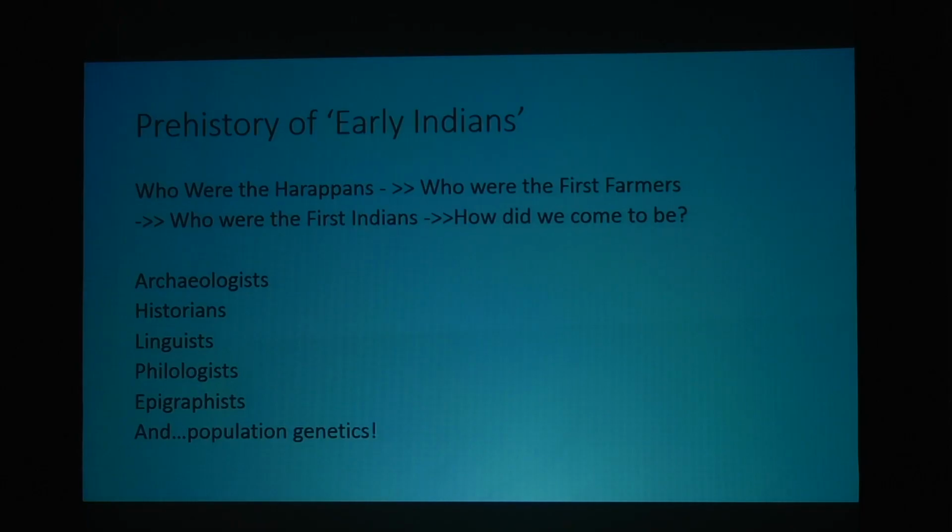Then, by looking at existing genomic data from around the world, we can also figure out how these haplogroups are distributed around the world. Then population geneticists can usually use at least two indicators to arrive at a tentative conclusion about who moved from where.